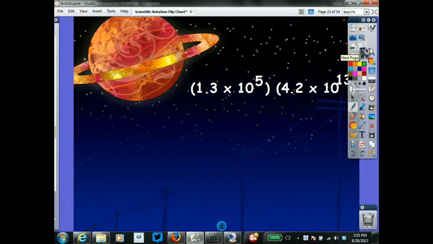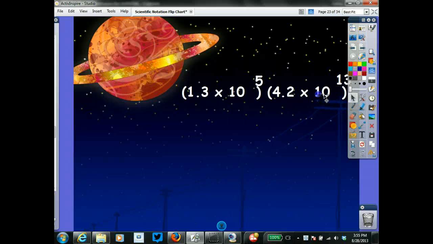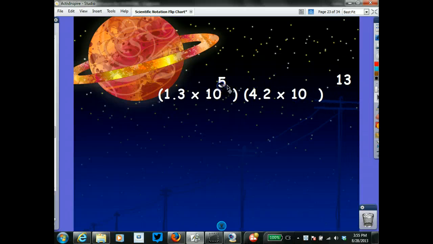Alright, go ahead and do this one. I have 1.3 times 10 to the 5th times 4.2 times 10 to the 13th. I'm going to go ahead and scoot this problem over.